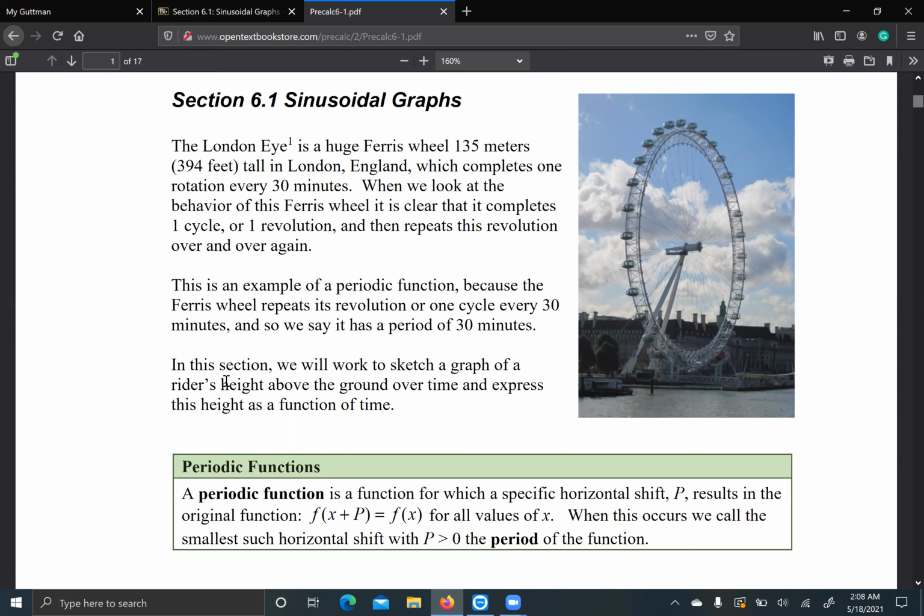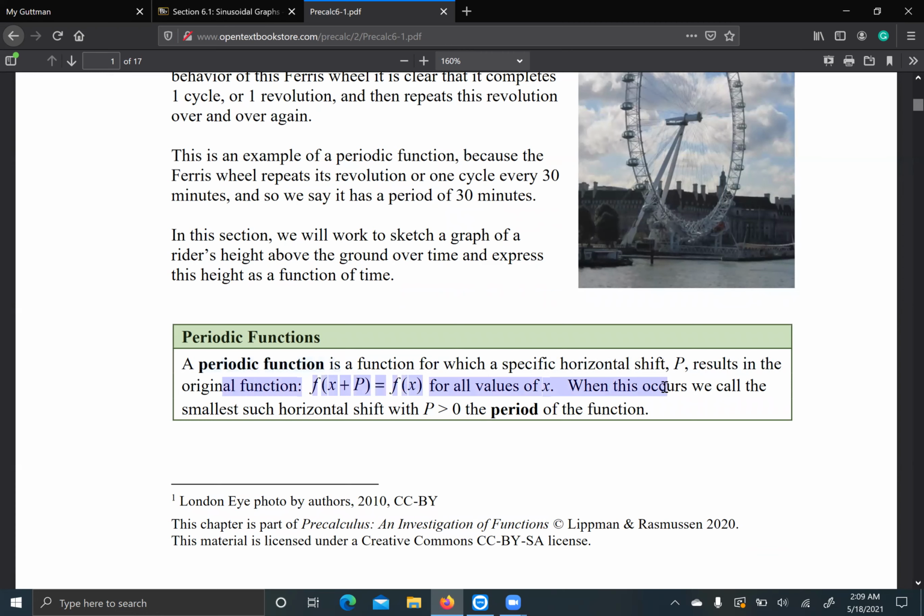So in this section, we want to look at functions that have this behavior. They're called periodic functions. And then we want to graph them. So formally speaking, a periodic function is a function for which a specific horizontal shift results in the original function.